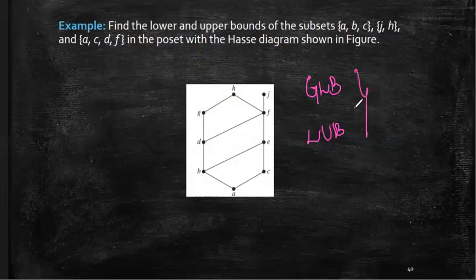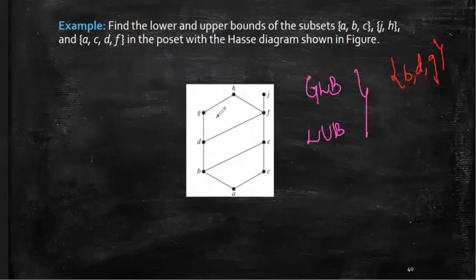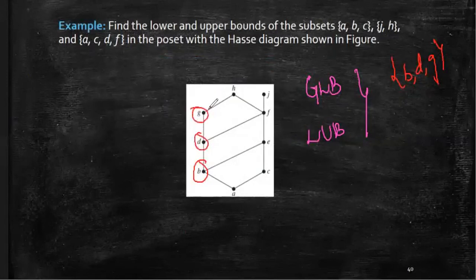I want to find the greatest lower bound and least upper bound of the set B, D, G. Okay, so for B, D, G, let's show where we have B, D, G. What is the upper bound of B, D, G? So you can see B is connected to, has an edge with H.